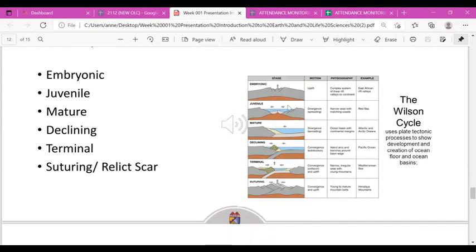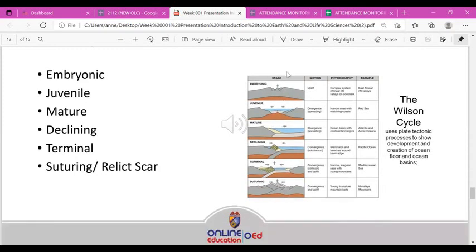So, in the embryonic stage, the motion here is uplift. Okay. So, itinataas. The materials inside are being uplifted. Okay. So, we have an idea of the word uplift po, ha? Okay.